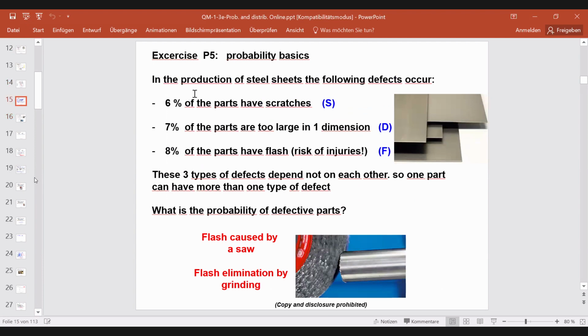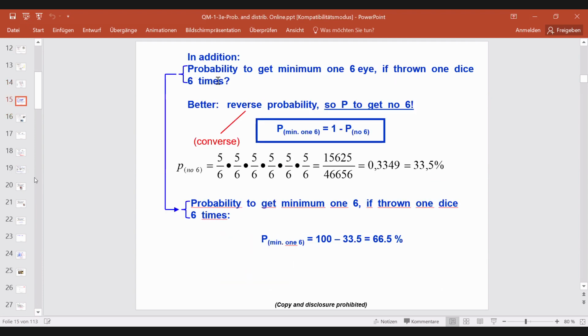Okay. In addition, what is the probability to get minimum one six if one die is thrown six times? Minimum one six means one six or two or three or four or five or six sixes.